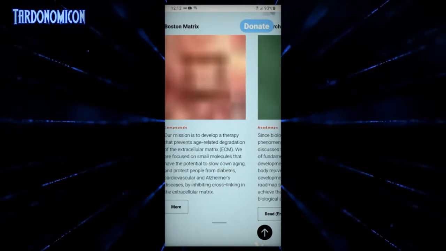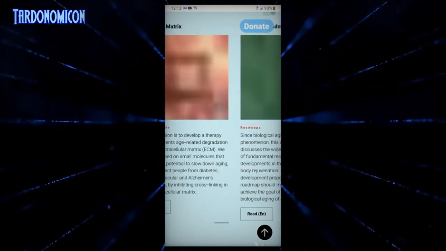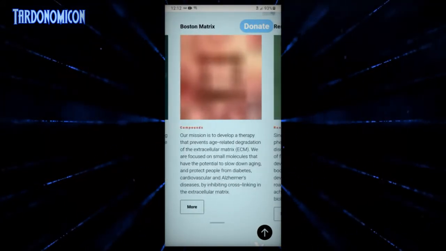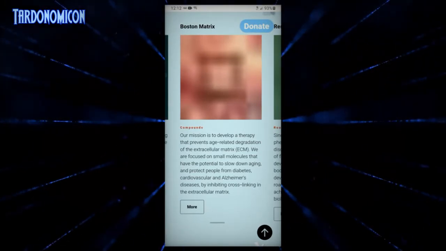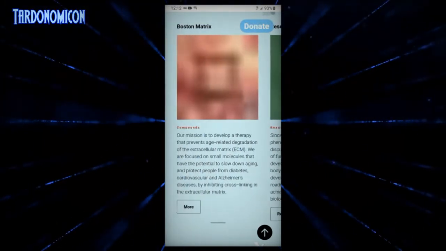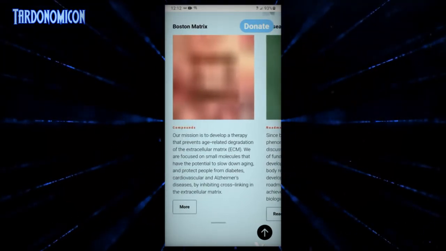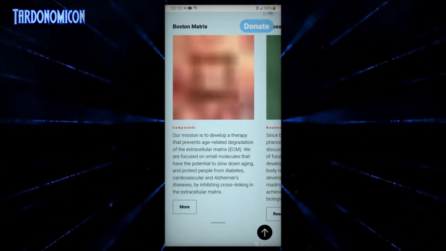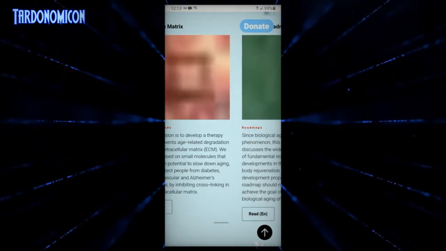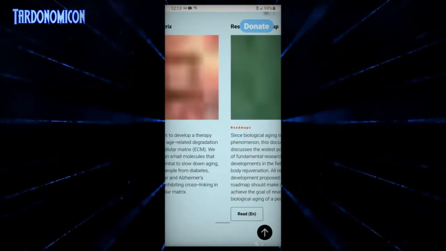Remember, I brought up cross-linking a lot in the extracellular matrix. See, what happens is when you get cross-linking, you get stiffening. And when tissues stiffen, they don't work the way they're supposed to. And that's where you get diseases like heart attacks, strokes, all sorts of issues.